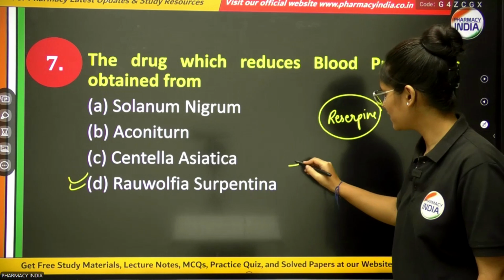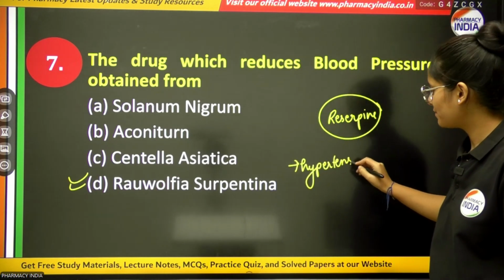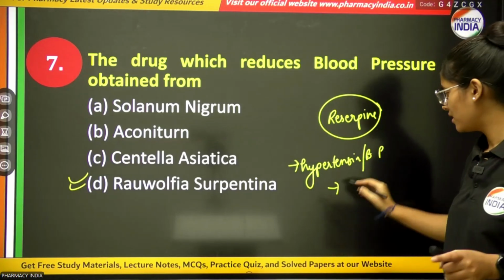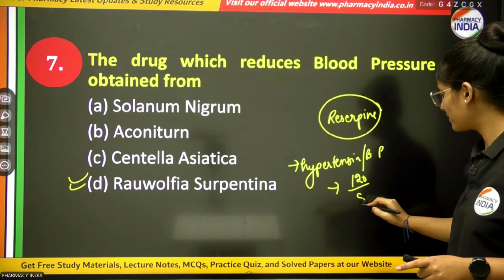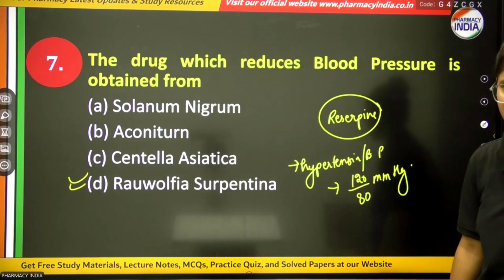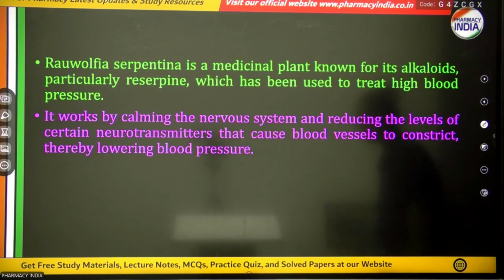Clear, what is hypertension? Blood pressure. If your blood pressure increases above 120 over 80 mmHg, it is known as hypertension. Clear? So the correct option will be Rauwolfia serpentina.